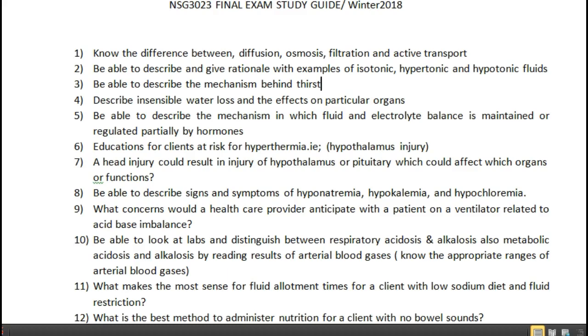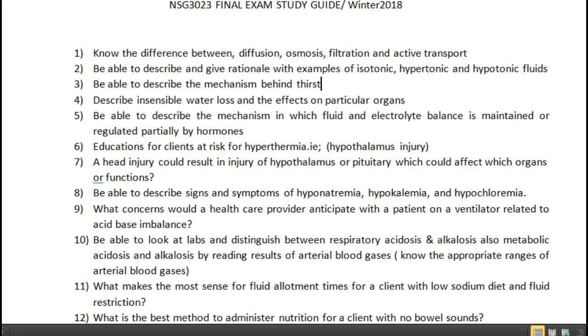Hypertonic solutions would be like 3% saline, 5% saline, things with a higher concentration than an isotonic solution. D10 in water, D5 in normal saline, D5 1/2 normal saline, D5 in lactated Ringer's.